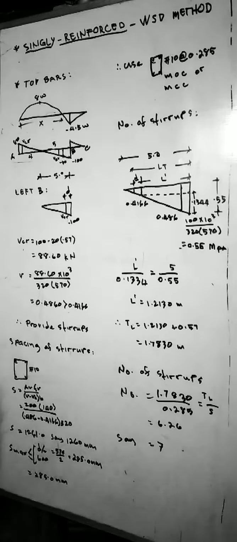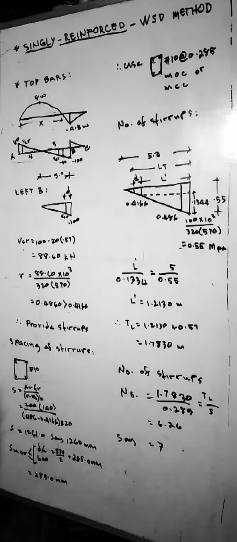Solving that critical shear: 100 minus 20 times 0.57. If you remember, 20 is the W, the load, and this is D, the effective depth. Computing this will give us 88.60 kilonewton. That is the critical shear here.